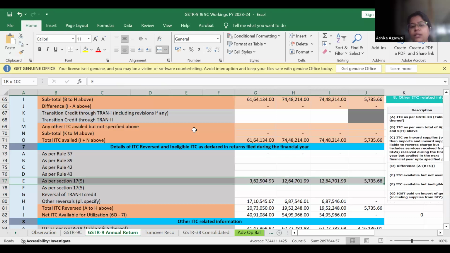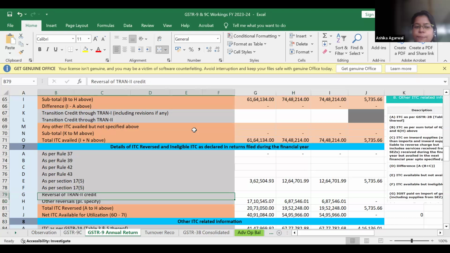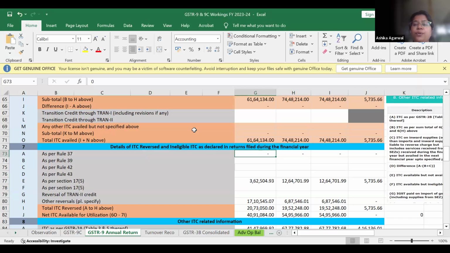But there may be a reversal you are doing not because of block credit, maybe due to some improper reporting or irregularity you have made. If you are correcting, you can use other reversal. Reporting in these reversals is also an optional field, but it's important we report each and every head separately.